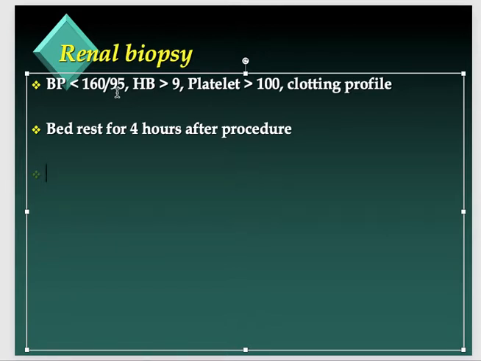Then they put a needle and take a small piece of the kidney tissue, and then of course they see it under the microscope, and they tell whether it's a focal or diffuse type of condition, or whether it's segmental or global kidney involvement, right?